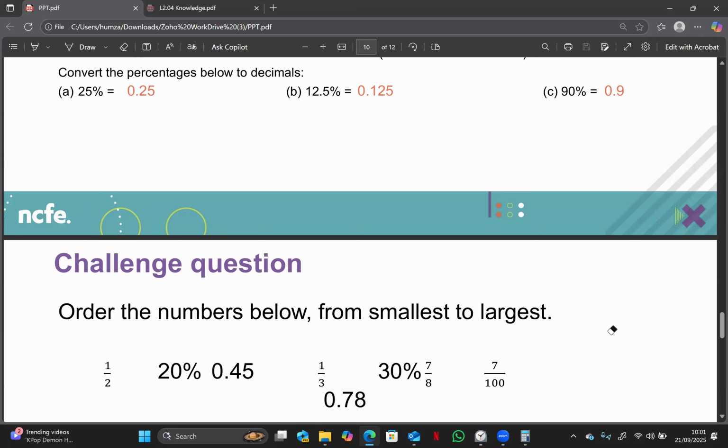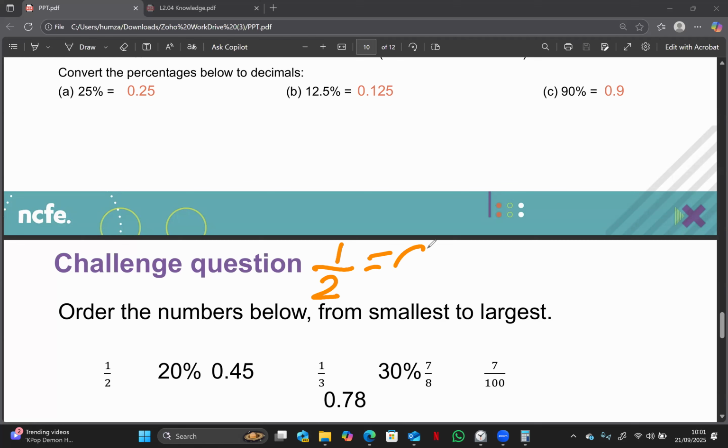So 1/2. Let's choose decimals because it's probably the easiest. What's 1/2 as a decimal? When you get a fraction, you divide the top by the bottom to get a decimal. So what's 1 divided by 2?